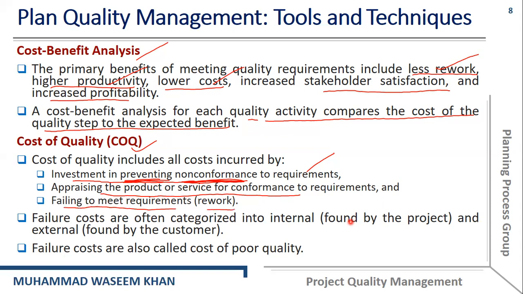So let me ask you, which cost is very dangerous, the internal or external? Yeah, the external one, because it will affect the reputation of a particular company if the customers find any problem in a particular product. Okay, so failure costs are also called the cost of poor quality.